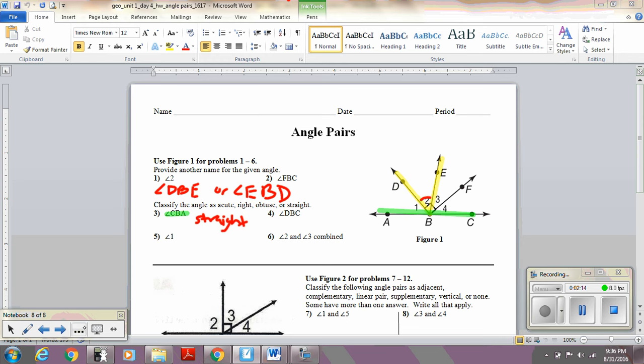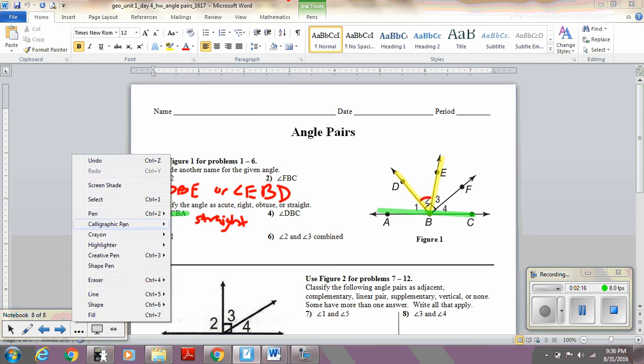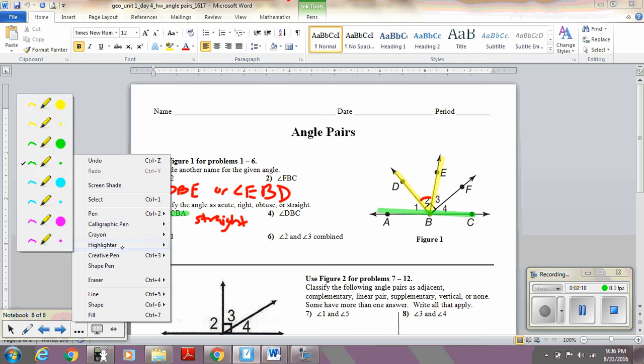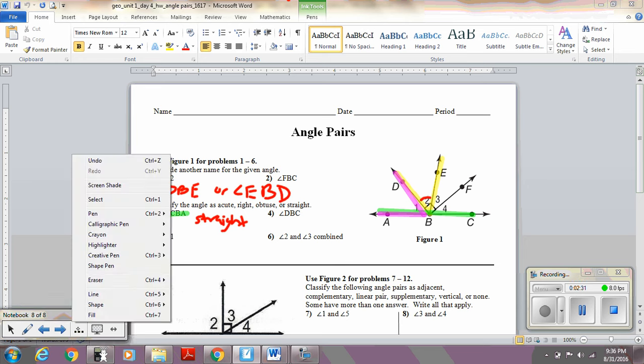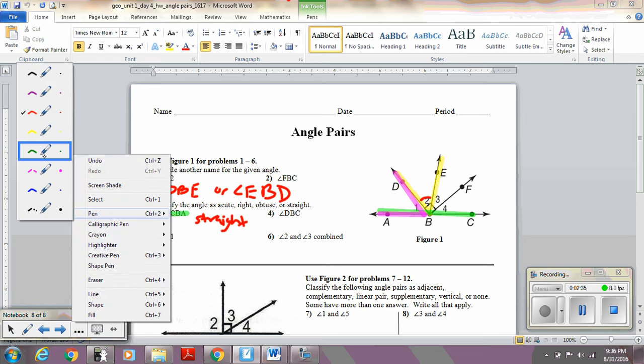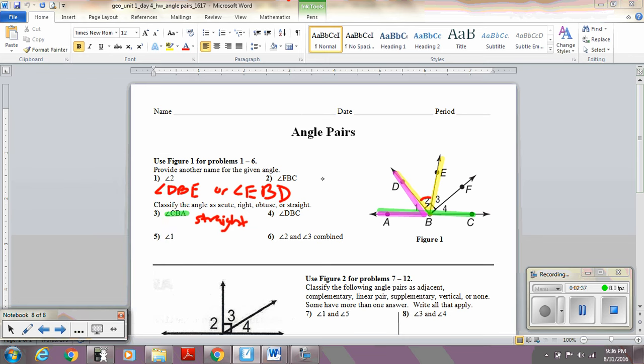Angle 1 is next. Angle 1 will be this angle right here. Angle 1 doesn't appear to be straight up and down, so it's not 90 degrees. And it appears to be less than 90, so that means it's acute.